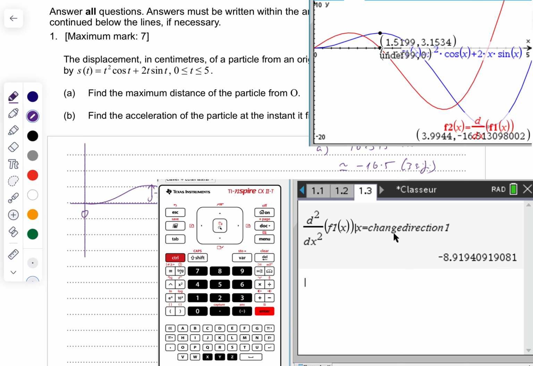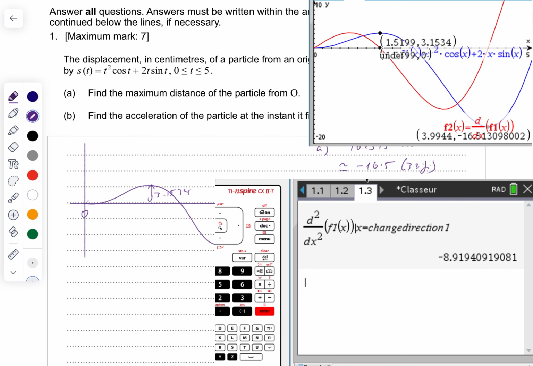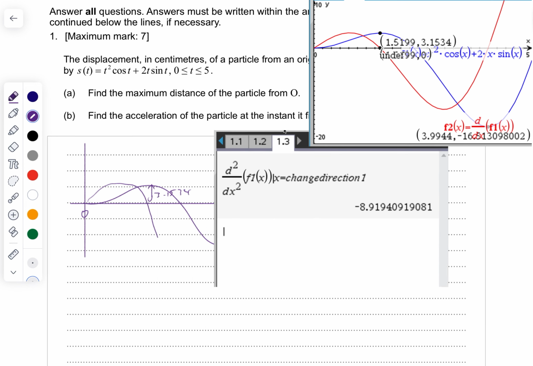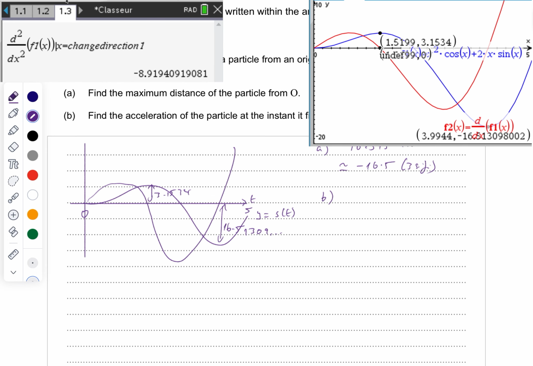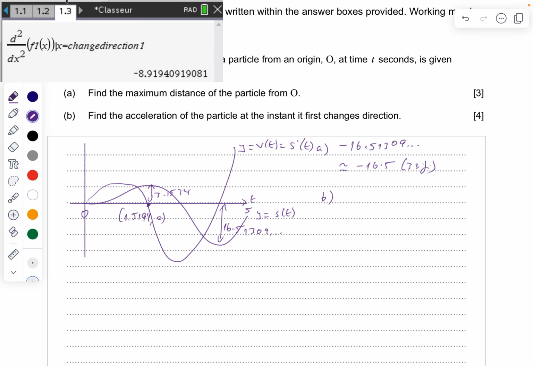So our velocity graph looks like this. So this is y equals v of t, which is s dash t, so they know what I've done. And change direction, so I have this point here is 1.5199, 0. And that's when it first changes direction, that's what I want.